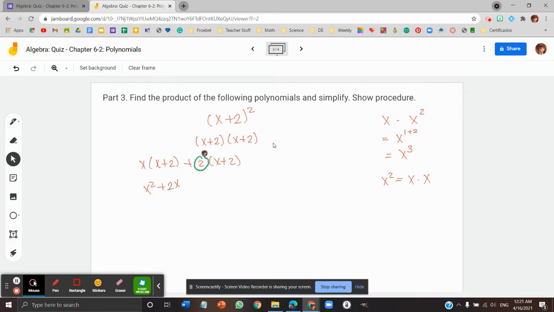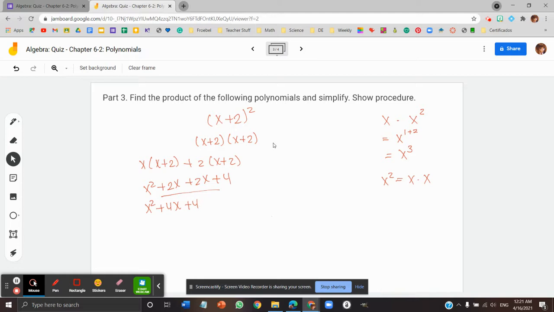Same thing, 2 times x is 2x. And 2 times 2 is 4. Now I can combine my like terms. X to the second, 2 plus 2 is 4x plus 4. So that is one way to do it.